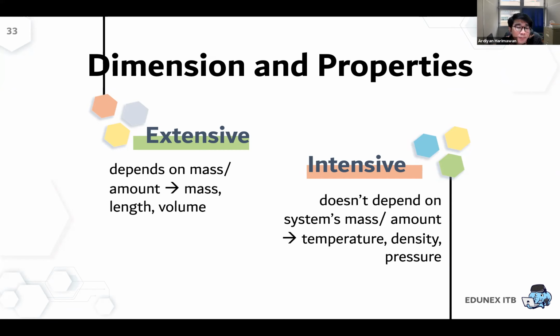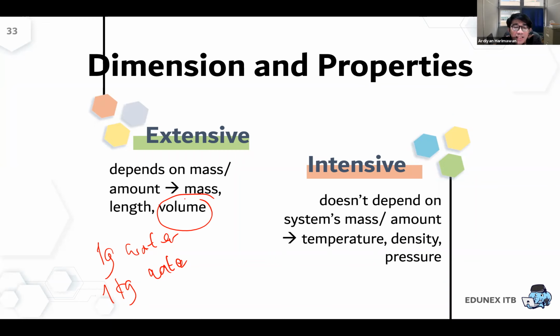For example, if you have 1 gram of water and 1 kilogram of water, the volume will be different, right? The mass, of course, will be different. So we call it extensive properties. It will depend on the size, on the amount.